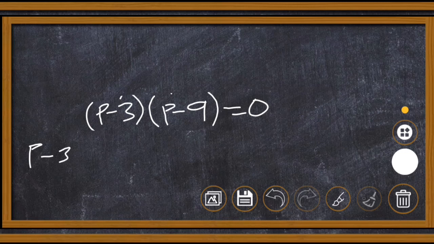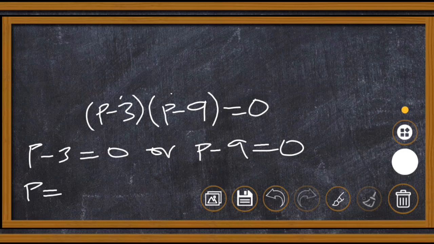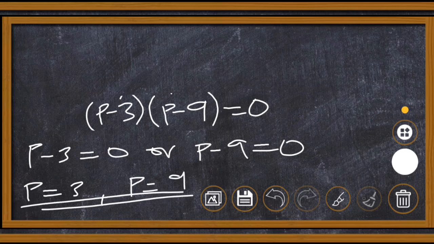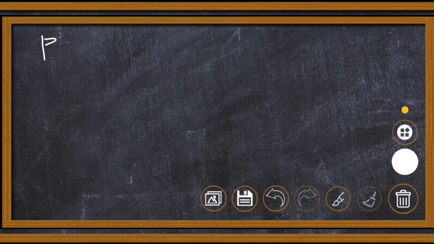So p minus 3 equals 0, or p minus 9 equals 0. When you take negative 3 to the other side, it becomes positive 3. And when you take 9 to the other side, it becomes positive 9. So these are the values of p. So here we have p equals 3, or p equals 9.